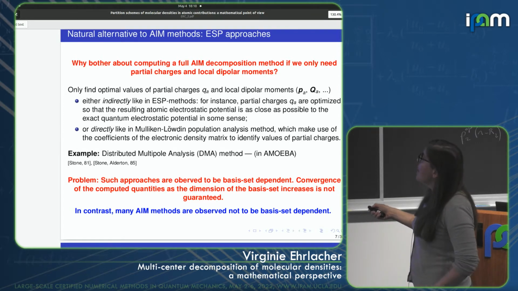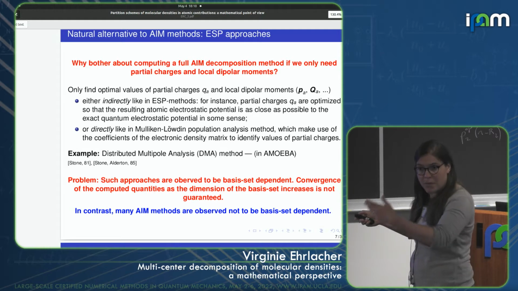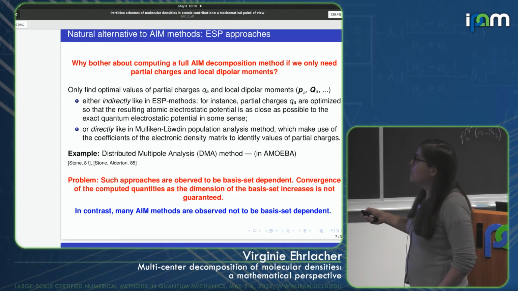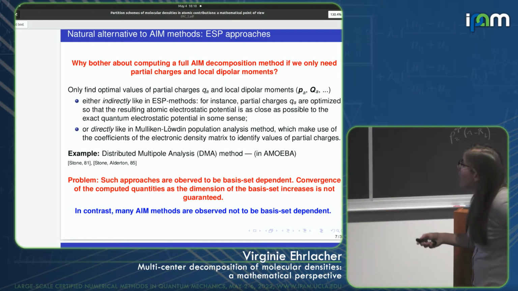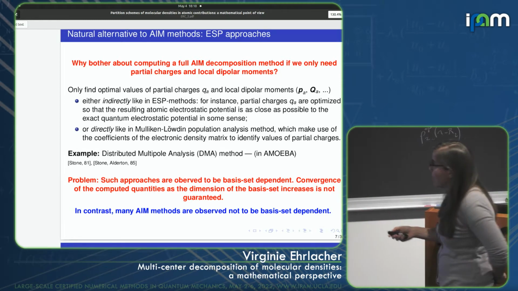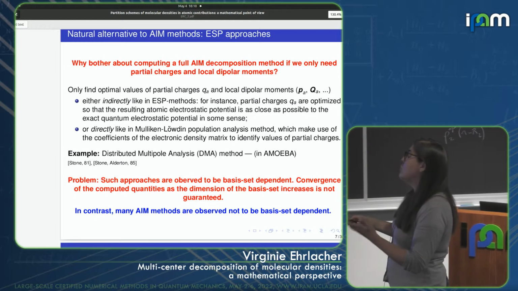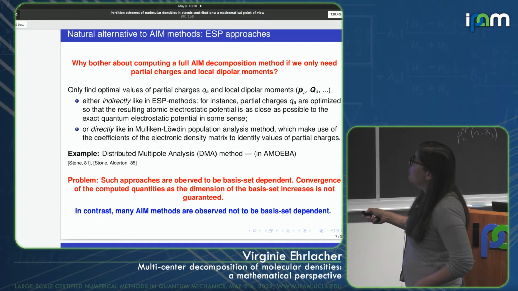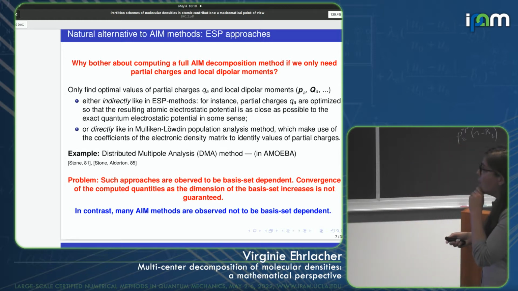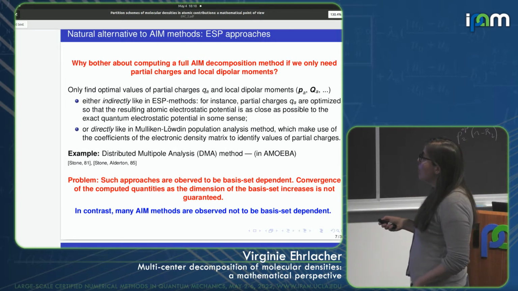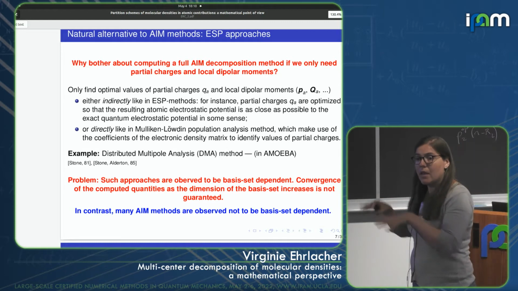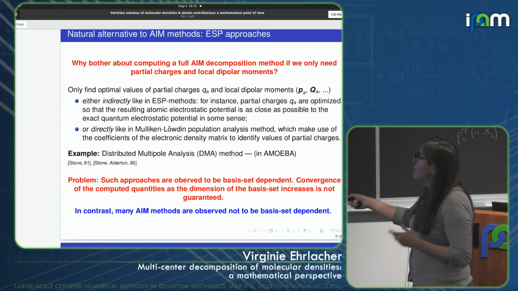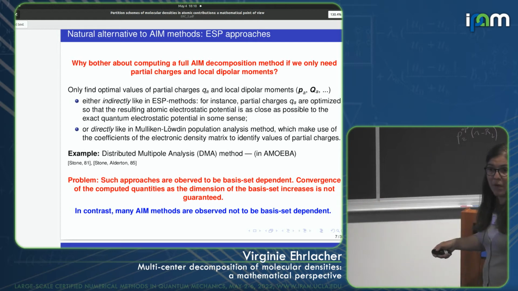That's an approach, and there you have to solve some kind of optimization problem to get these partial charges. You can do the same if you also want to add higher order dipolar moments. Or you could use direct ways of computing these charges, like in the Mulliken-Löwdin population analysis method, where you make use of some coefficients of the density matrix of your system in order to compute such partial charges or local dipolar moments.